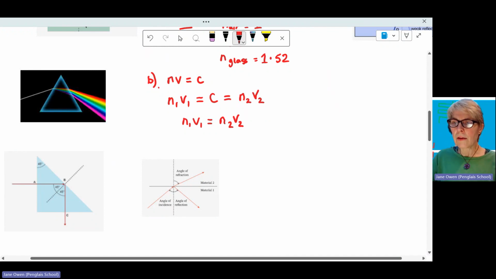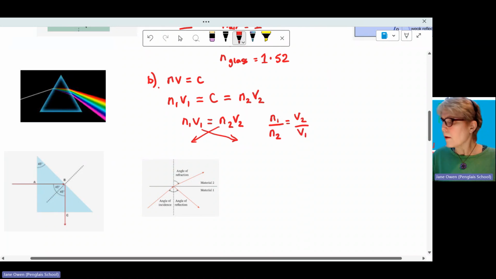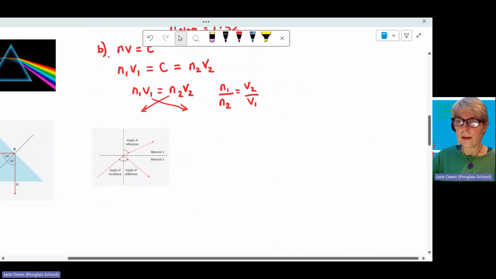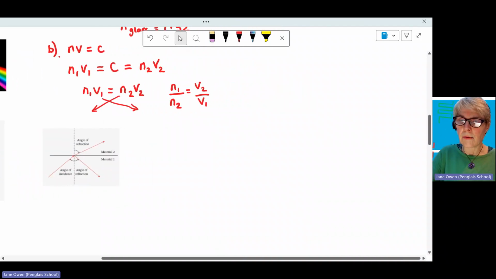Okay, and we can rearrange that so that we get n1 over n2 is equal to, so I just take the n2 underneath because it's times on this side, and then I can take v1 under, so I get v2 over v1. So the ratios of the refractive indexes, I mean, we could express it also like we can turn all of that upside down.